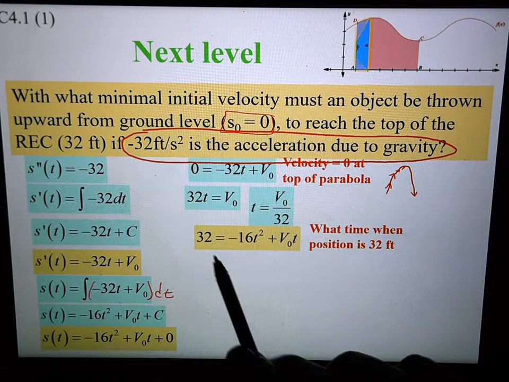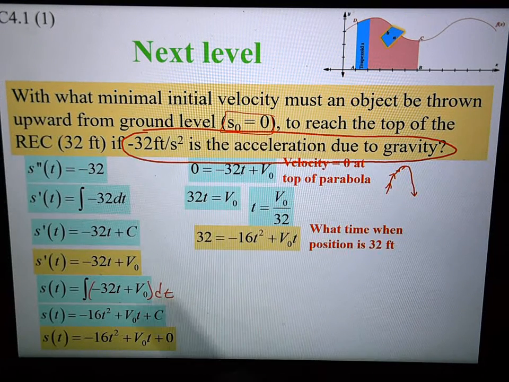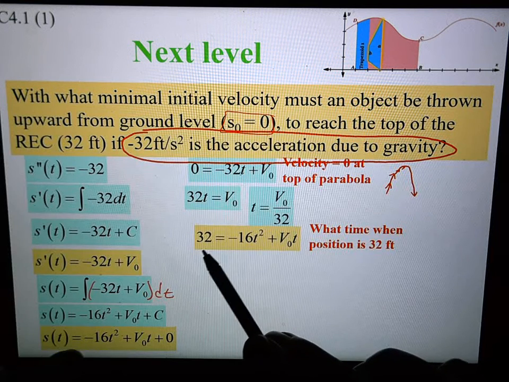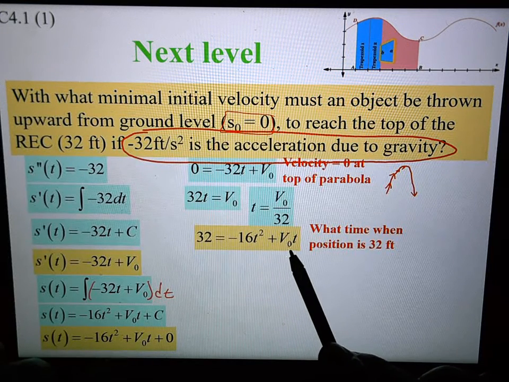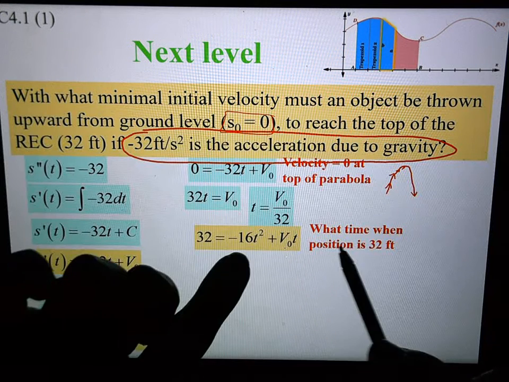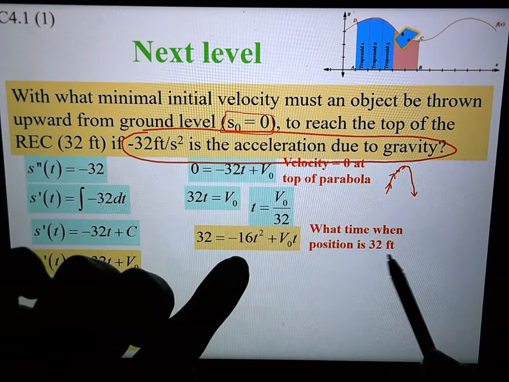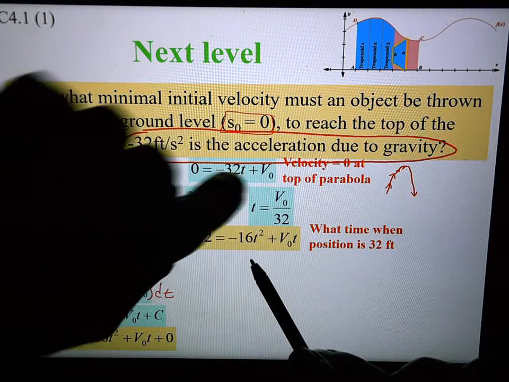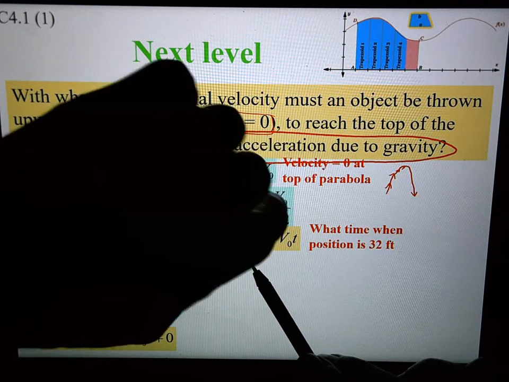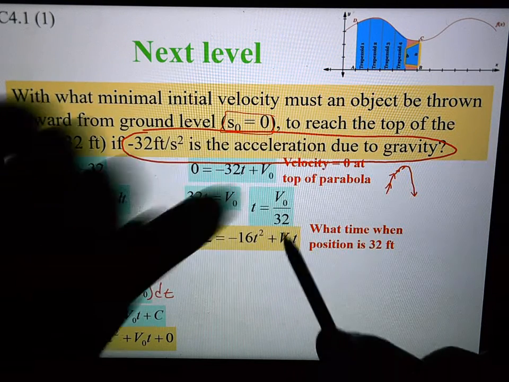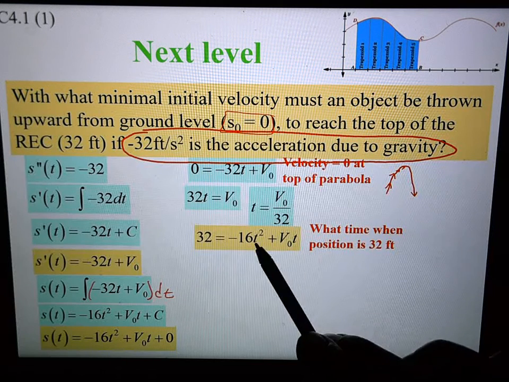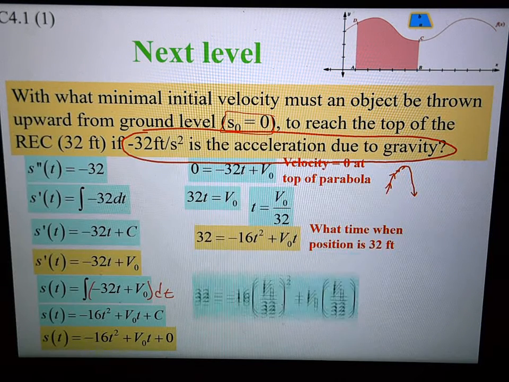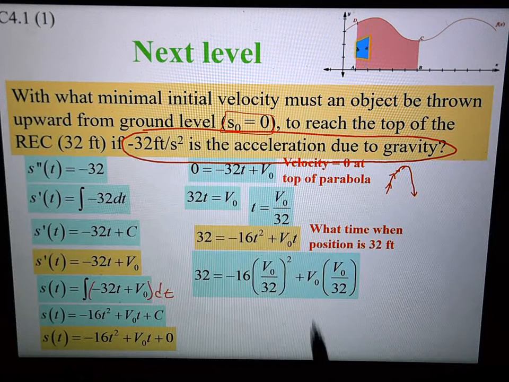So I'm going to put the 32 into this s of t function. 32 equals negative 16t squared plus the initial velocity times t. This is the time when the position is 32 feet. I know what time it takes to get to that velocity of 0 if I plug that in. Let's plug that in for t in both places. This looks crazy, but let's do it.